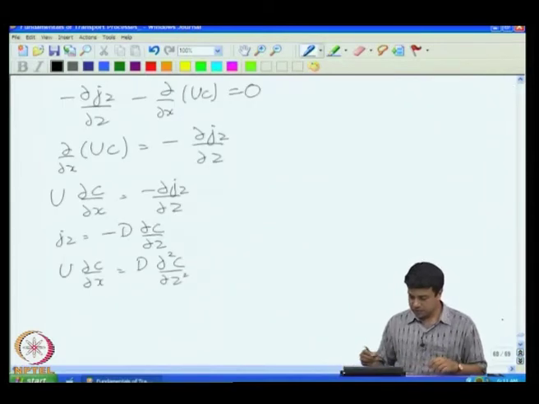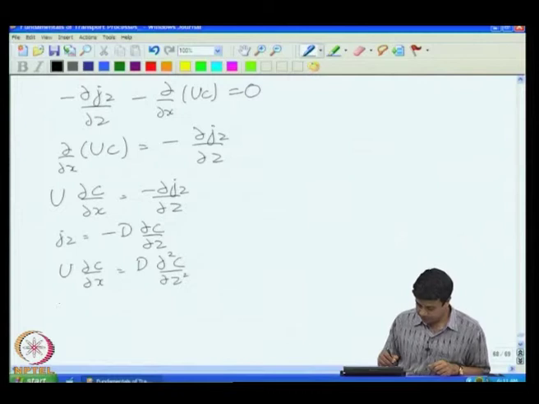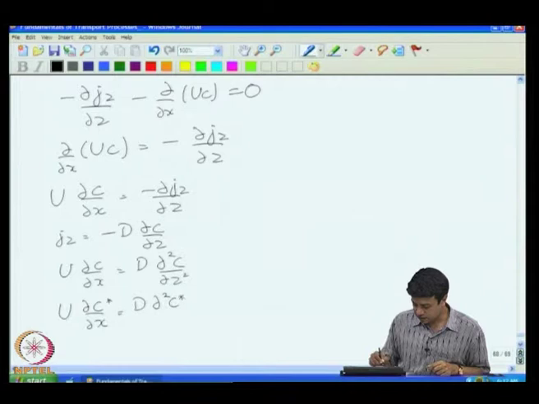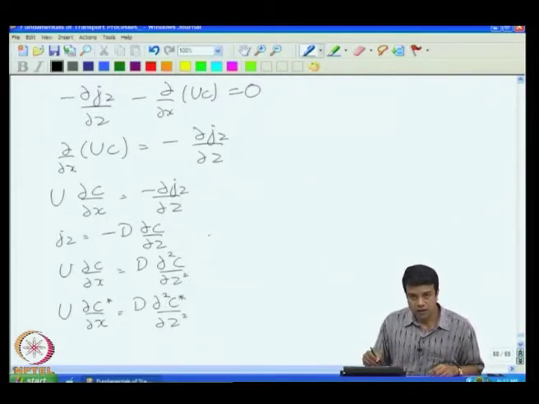So, this is my differential equation. When written in terms of scaled coordinates, it becomes dC star by dx is equal to D partial square C star by partial z square. And I have boundary conditions.